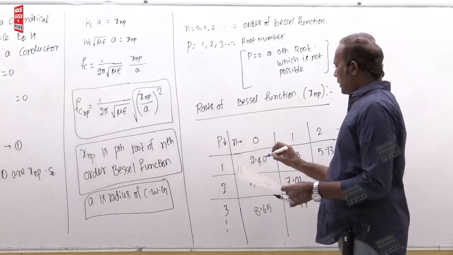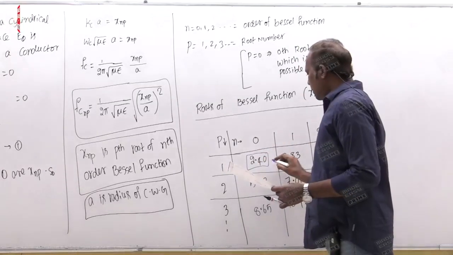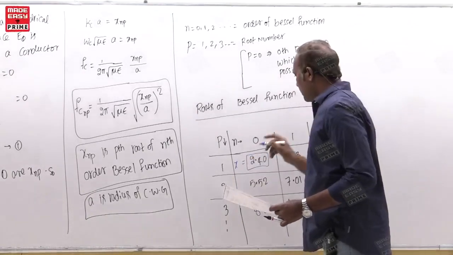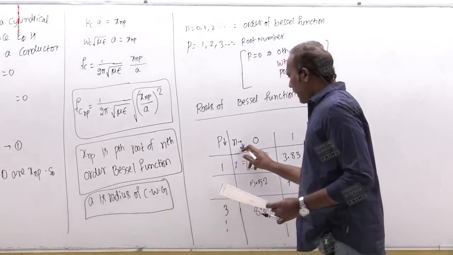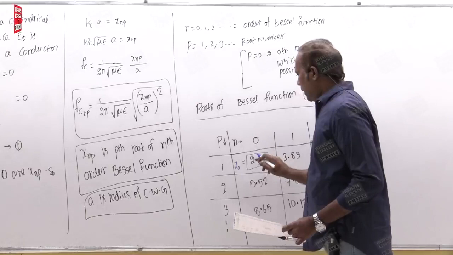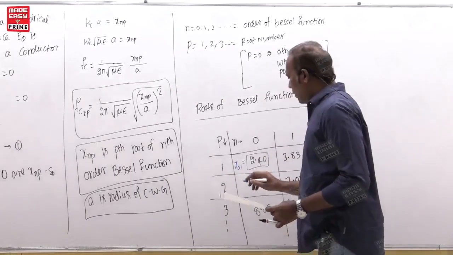This one has the least value of root, this is x np, where the n value is 0 and the p value is 1.